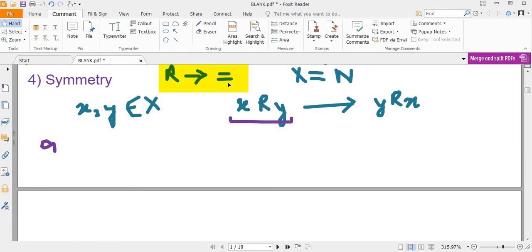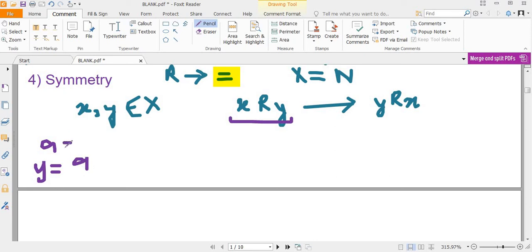Remember that in this case the example is on the relationship equal to, so I cannot just take anything. I have to take a y such that x equals y. Whatever x I take, I have to take y equal to that value itself. Otherwise, this will not hold. So I have to take y equal to 9 as well.